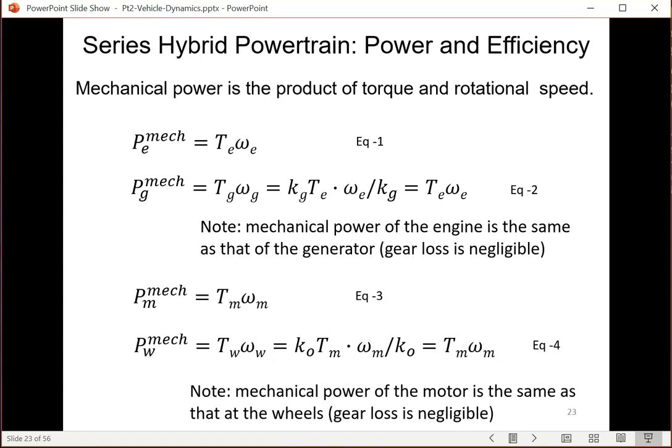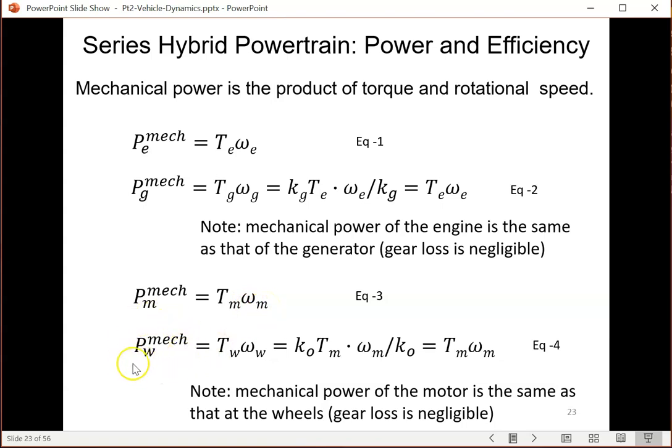So for example, for the engine, the output is mechanical, which is TE times omega E. For the generator, the mechanical power equals TG times omega G, which is also the same as the mechanical power of the engine. For the motor, the mechanical power equals TM omega M.